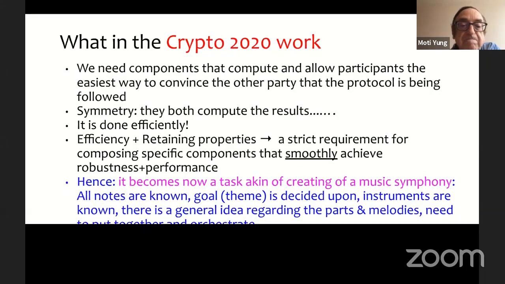So we want to extend it while retaining the nice properties that I mentioned before, efficiency and other properties. We need components that compute together and allow a participant to convince in zero knowledge the other party that the protocol is being followed. And we want the symmetry, as I said, and we want efficiency and retaining properties. So it's the strict requirement for composing special components that smoothly together achieve robustness and performance.